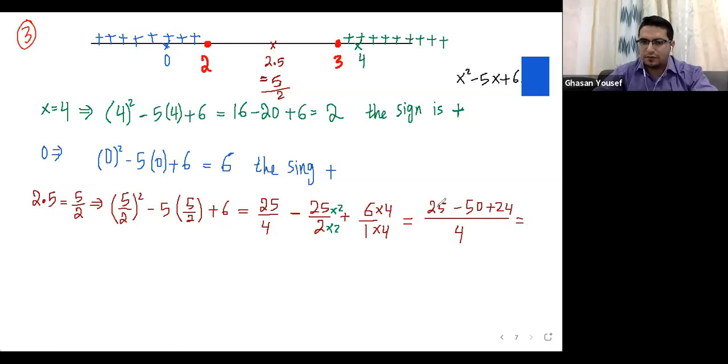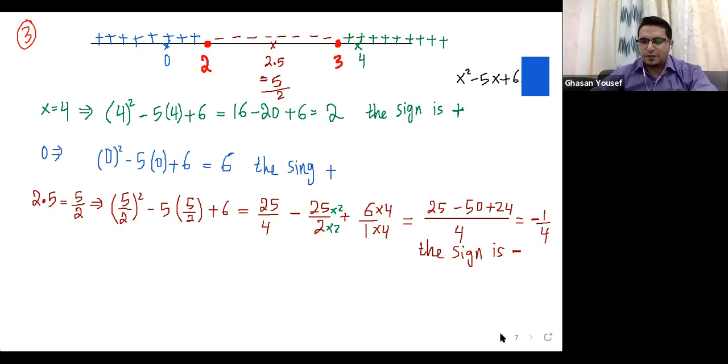Now I get 25 minus 50 plus 24, minus 1 over 4. So what is the sign here? Negative. Exactly. So the sign is negative. So we should put here negative, negative, negative, negative, negative, negative, like this.